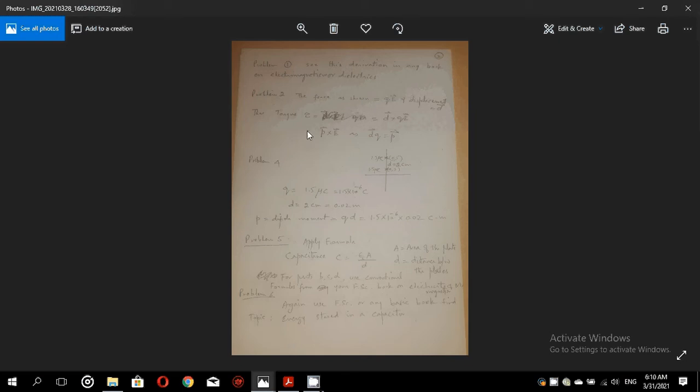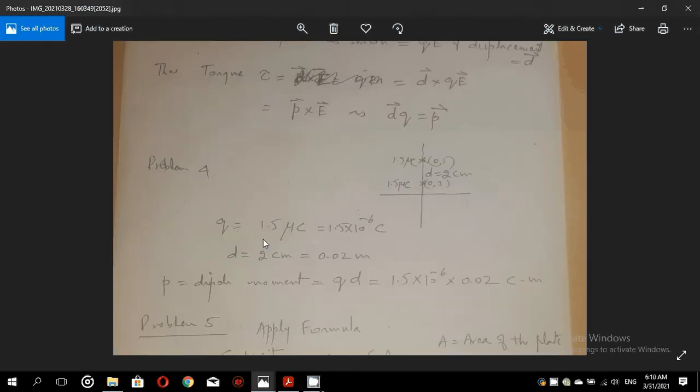This is page number 2. So here is problem number 4, in which q is this, d is this, and dipole moment p is equal to q into d. So you simply substitute the values and do the calculations in the same coordinate system. That is, you must use the displacement in meters and the charge in SI units.